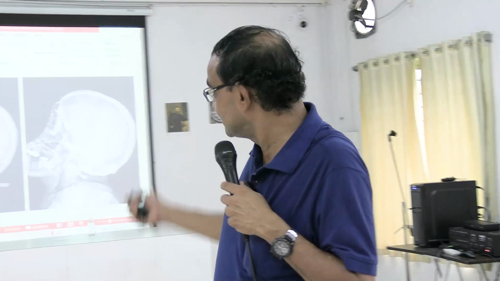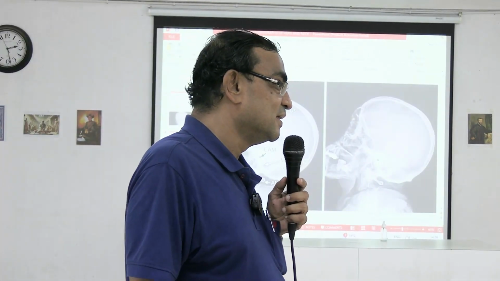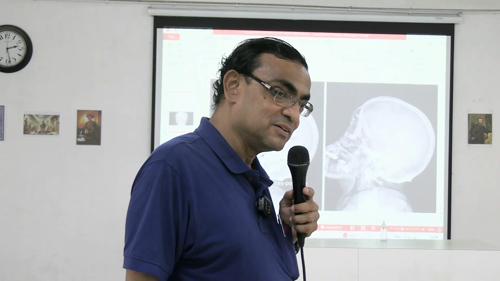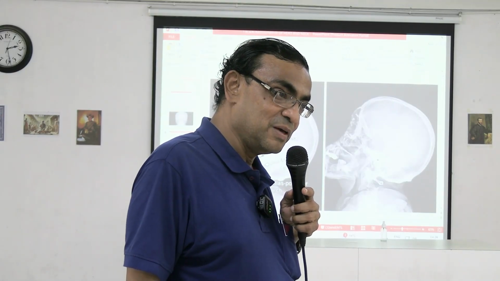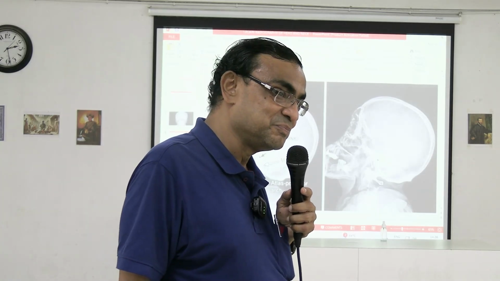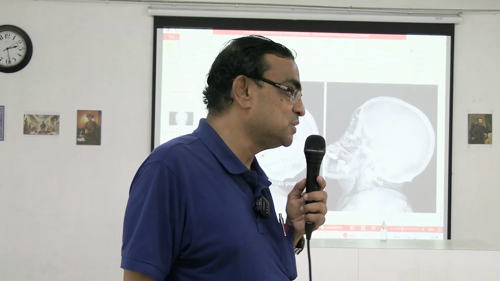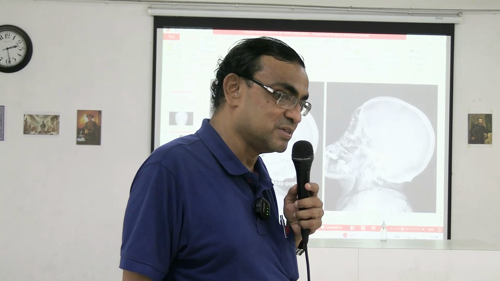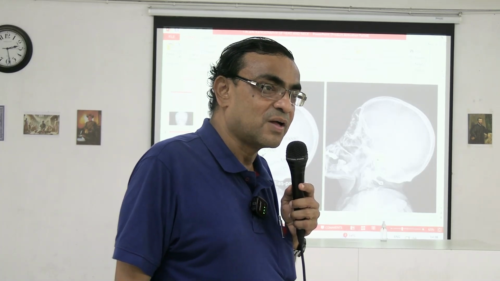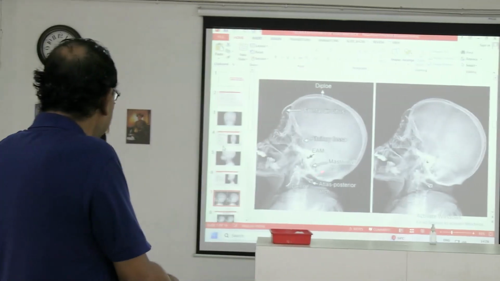That is the petrous part of the temporal bone where we can get the middle ear and also the internal ear. If that part is affected, what will happen? There is one condition which is cholesteatoma formation, where this part is affected.